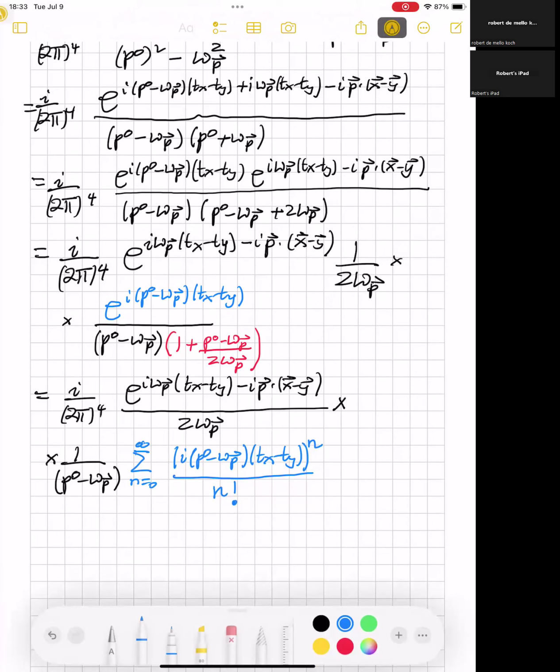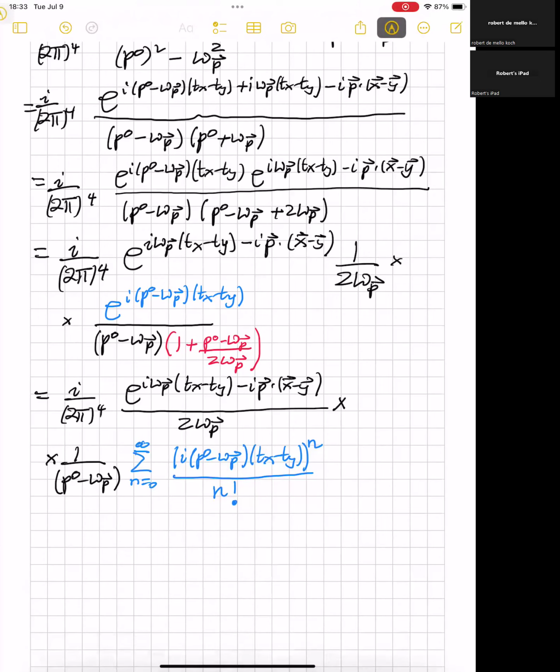And then we've got the red term. And this is of the form 1 over 1 plus x, and 1 over 1 plus x is equal to a sum from n equals 0 to infinity of (minus x) to the n.